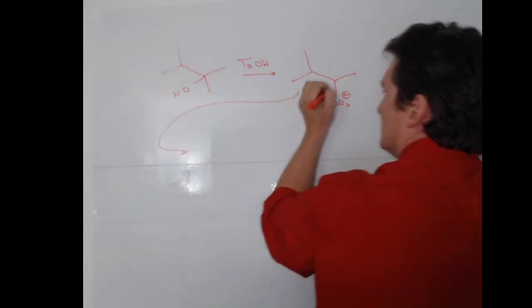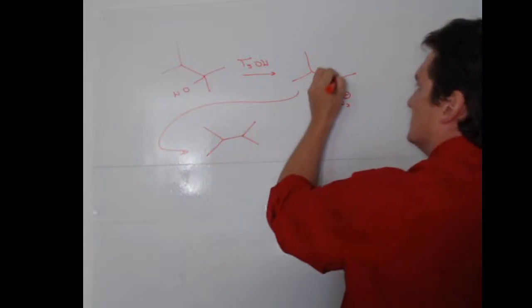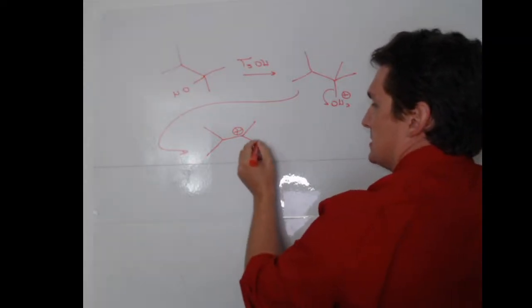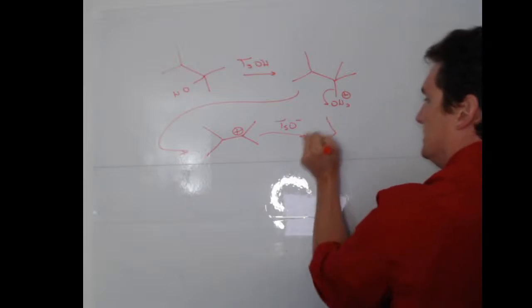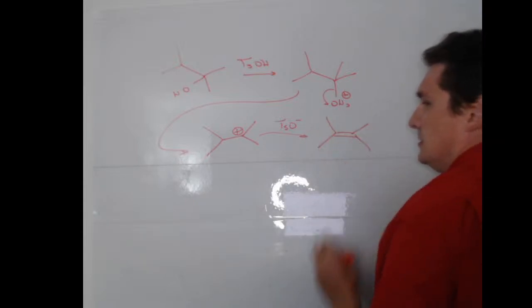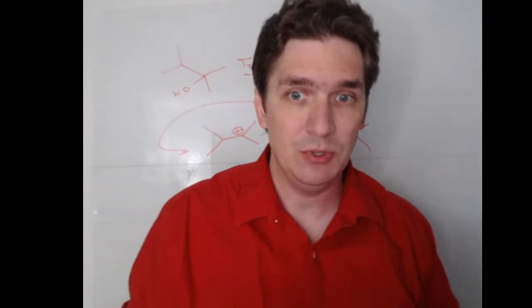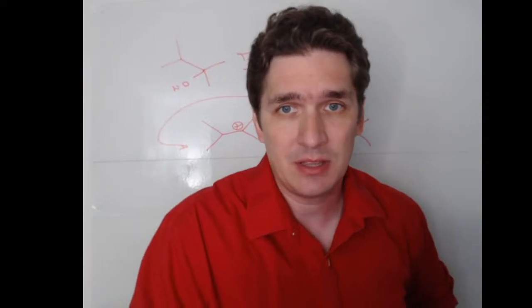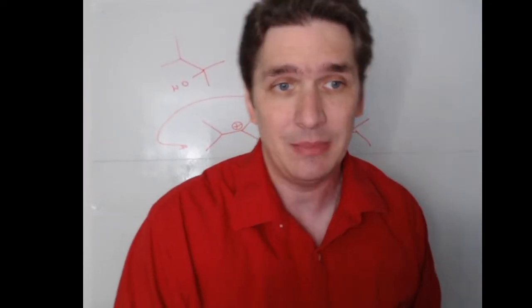It's going to break, and you're going to end up getting this carbocation, and this is going to subsequently eliminate with the TsO minus to give you the 2,3-dimethyl-2-butene. But it's the same as 39. The only thing is that TsOH here is just an acid source and a base source.